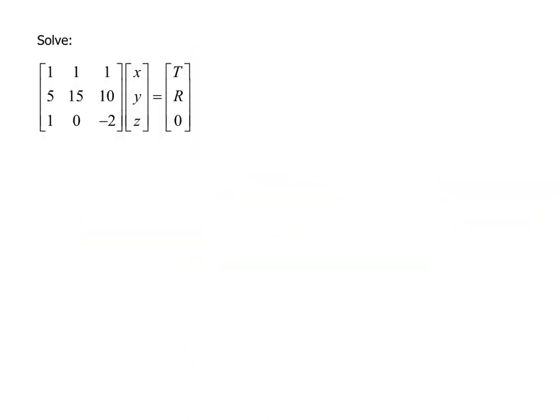If we rewrite that in terms of matrix multiplication, this is what it looks like. I'm going to think of this as my A, this is my x, and this is my b. What I have is Ax equals b.